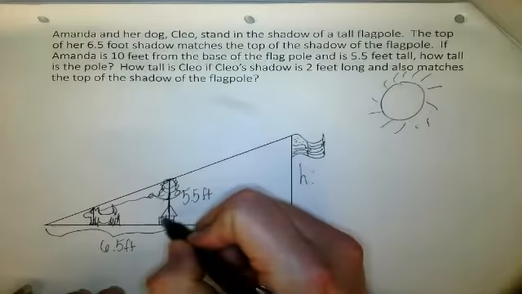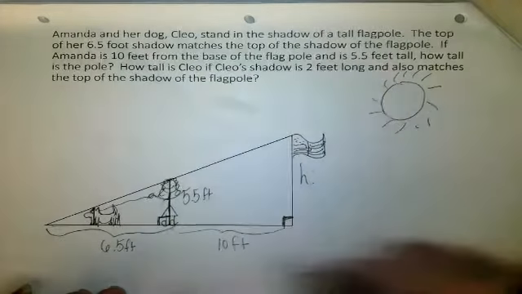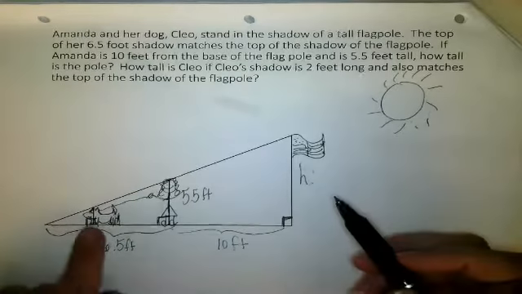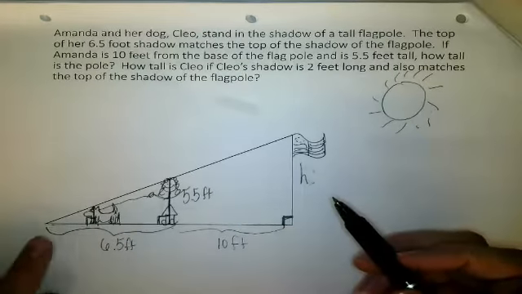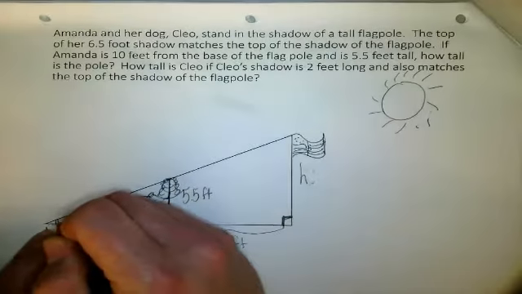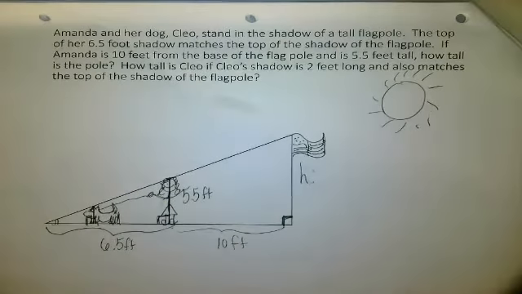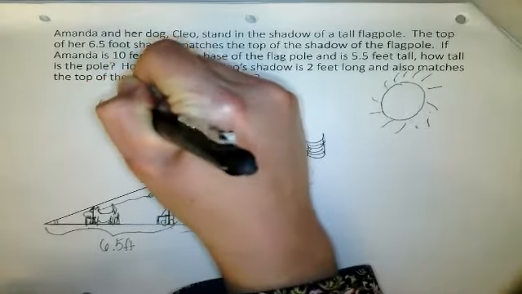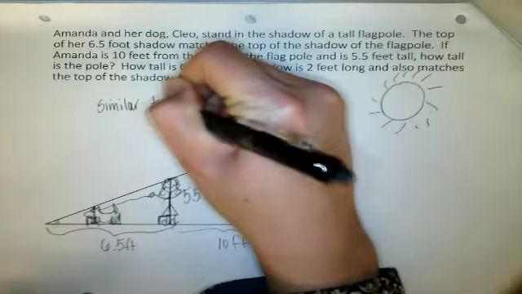So I stand up straight, perpendicular to the ground, and Cleo was also standing up straight, perpendicular to the ground. So we all have these 90-degree angles, and we also share this angle of elevation to the sun. Okay. Also known as, these triangles are what are called similar triangles. Very good. Similar triangles.